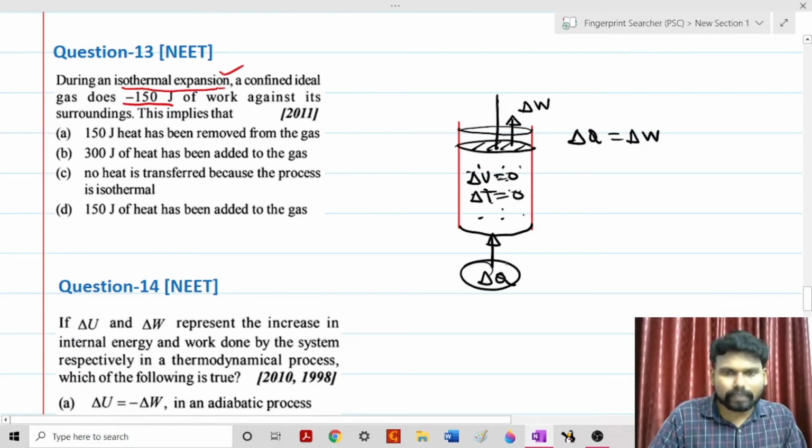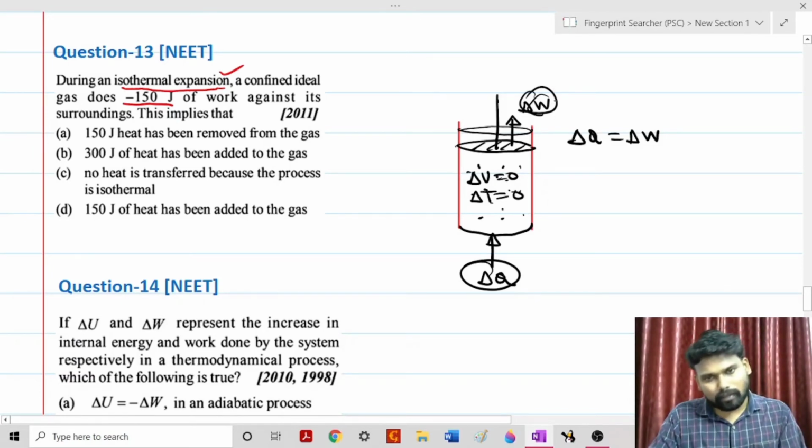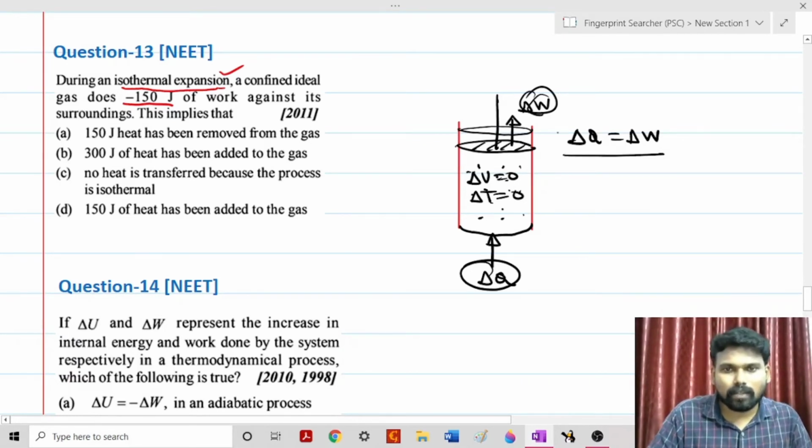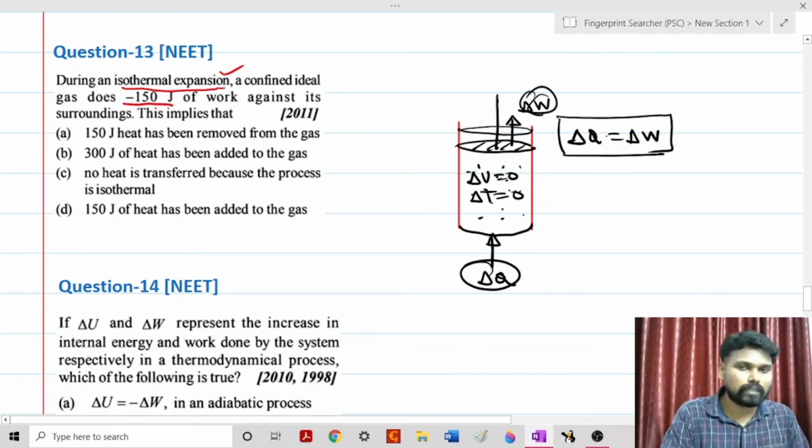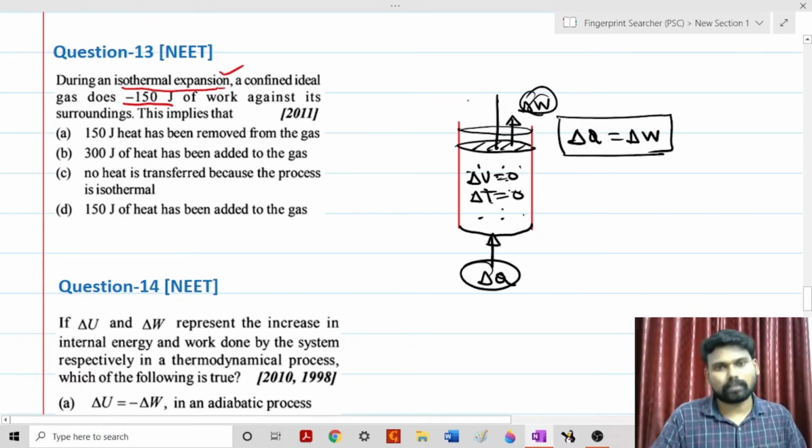The absorbed heat is converted into work. So when the system does an external work, it should absorb some heat. Okay, so the heat absorbed from the surroundings is converted as work. This is the definition of isothermal process. Heat absorbed from the surroundings is completely converted as work. It is the definition of isothermal process.